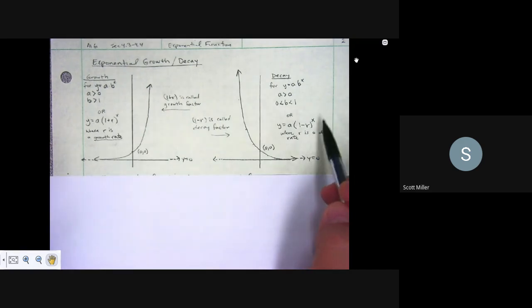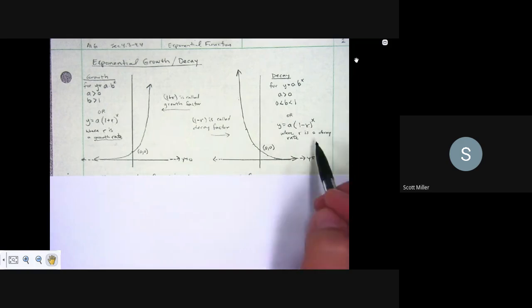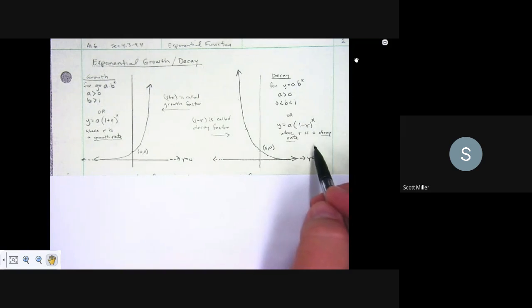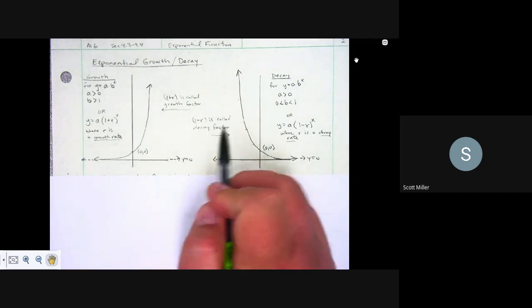What if a population is decreasing? Then this time you'll notice it says 1 minus r. 1 minus r is the decay form of this, and r is the decay rate. Just like it was the growth rate over here, it's the decay rate here. And 1 minus r, the whole term, is called the decay factor.